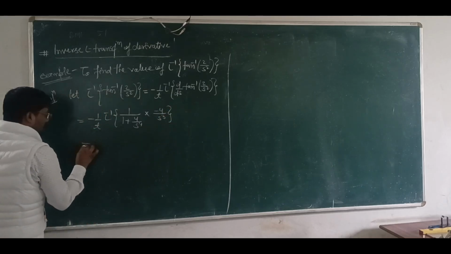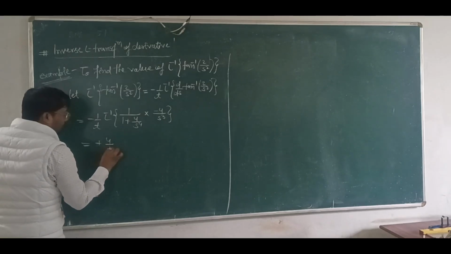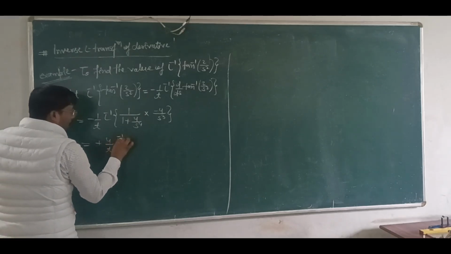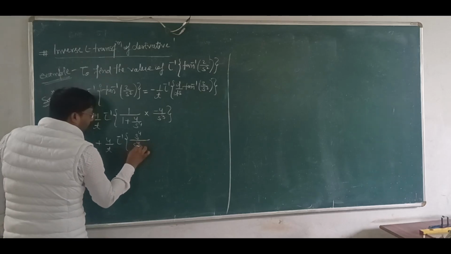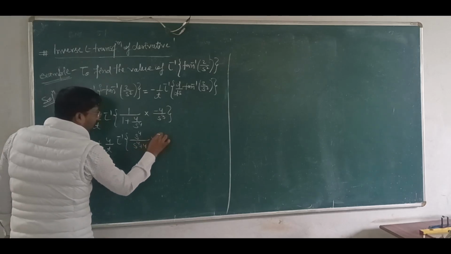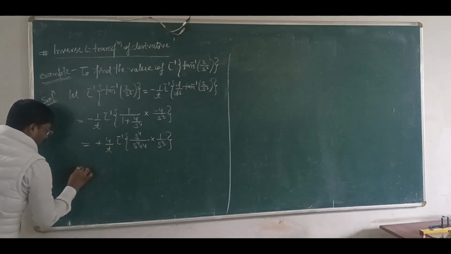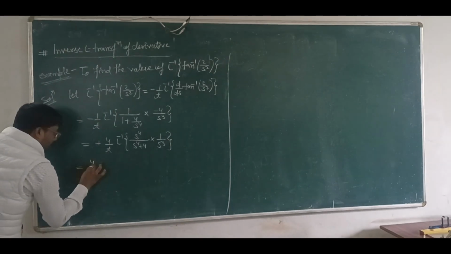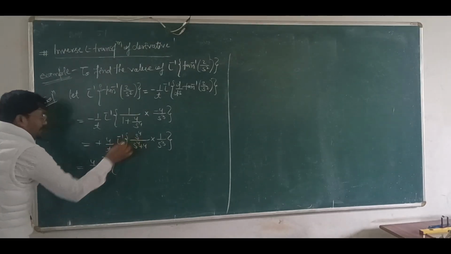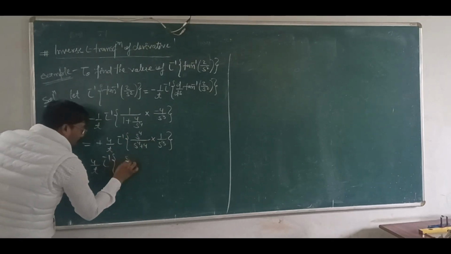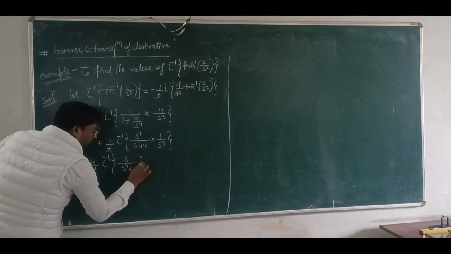Now you can solve this: minus minus plus, 4 by t L inverse of s to the power 4 upon s to the power 4 plus 4, into 1 by s cube. You can say 4 by t inverse Laplace of this, cancelling, s upon s to the power 4 plus 4.